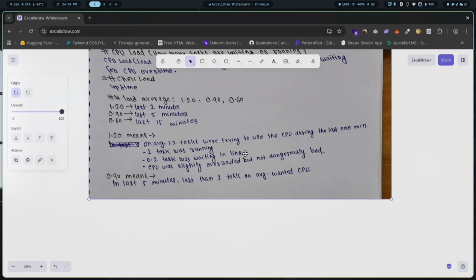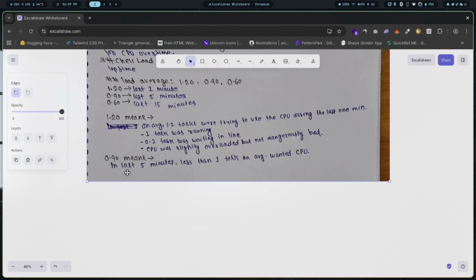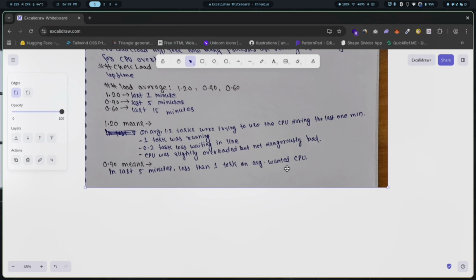Okay, so it means in the last 5 minutes, less than one task on average wanted the CPU.